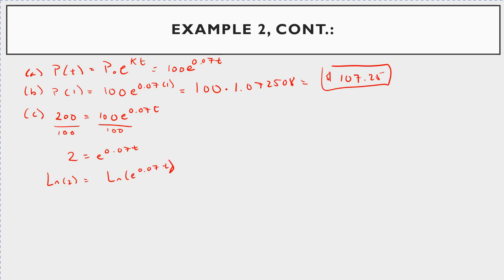The natural log and the e cancel out, so you get natural log of 2 equals 0.07t. So t is equal to the natural log of 2 divided by 0.07. If you plug that into your calculator, you get roughly 9.9 years. So it's going to take almost 10 years for that $100 to double itself if you're getting 7% compounded continuously.